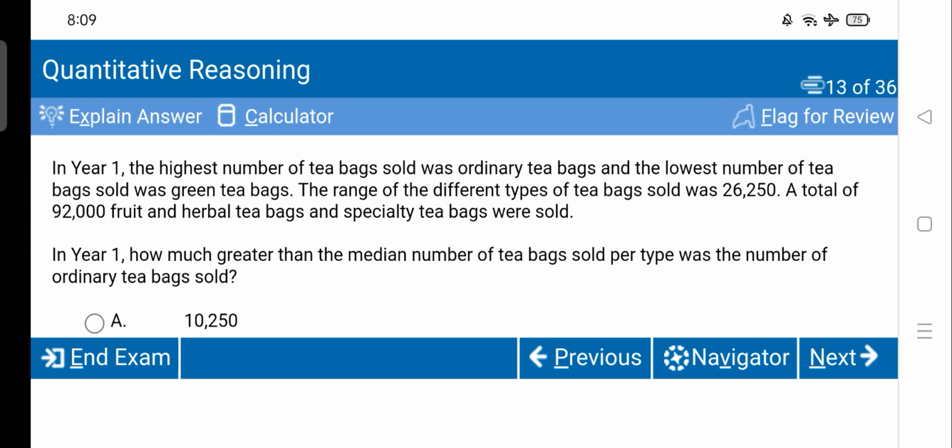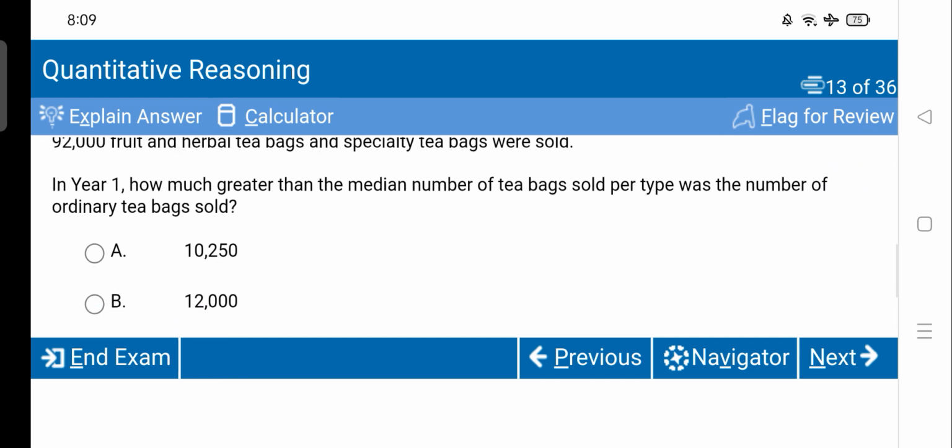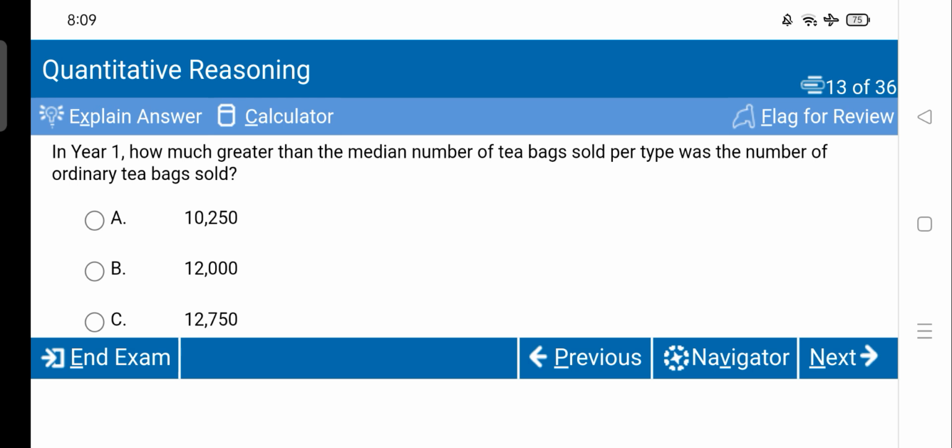A total of 92,000 fruit and herbal tea bags and specialty tea bags were sold. In year 1, how much greater than the median number of tea bags sold per type was the number of ordinary tea bags sold?